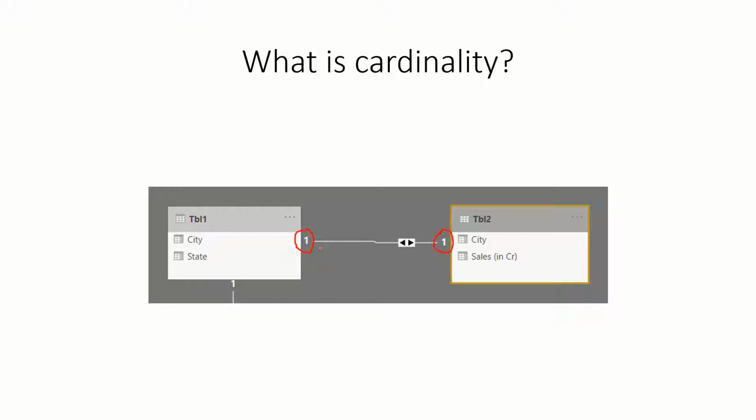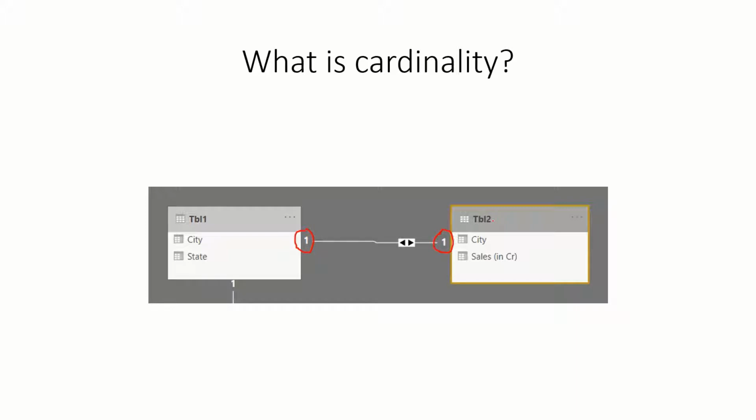When creating the tables we generally follow a normalization process under which we bifurcate the columns into different tables. We do that from the performance point of view, and second, to reduce redundancy. So we have different columns in different tables, like here, city and state columns are in table 1, city and sales data are in table 2.